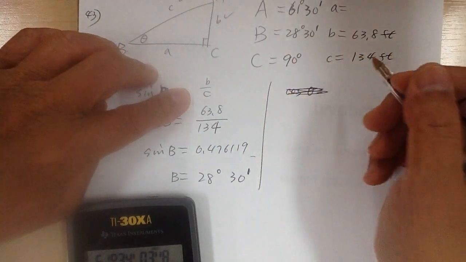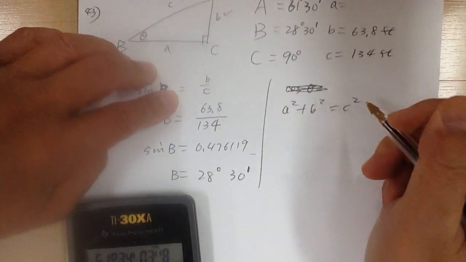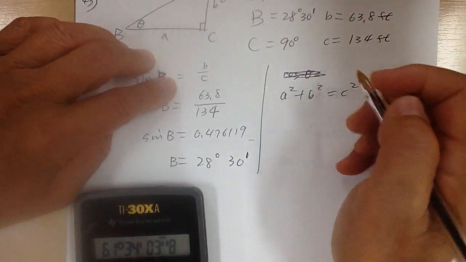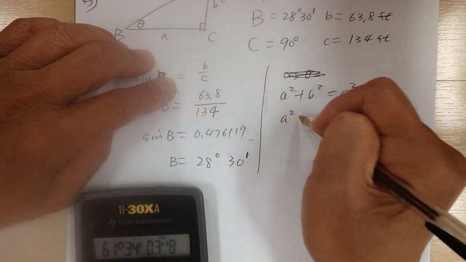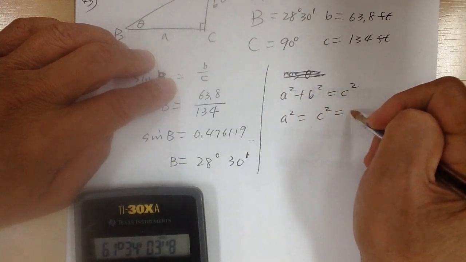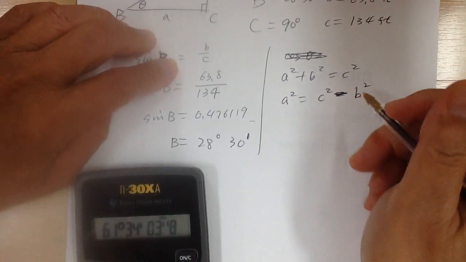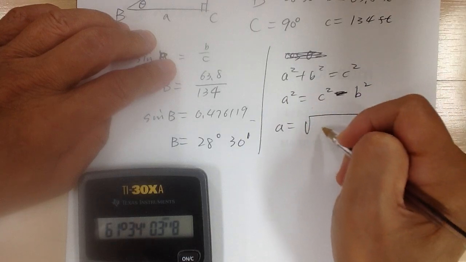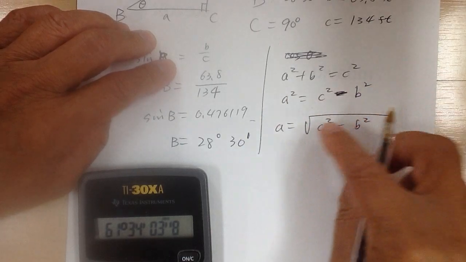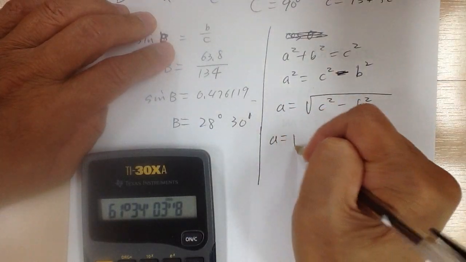So I'm just going to use the Pythagorean Theorem: a squared plus b squared equal to c squared. Looking for a, so I'm going to move this over. So a squared equal to c squared minus b squared, and you take the square root. So a equal to the square root of c squared minus b squared, basically the reverse of the Pythagorean Theorem.